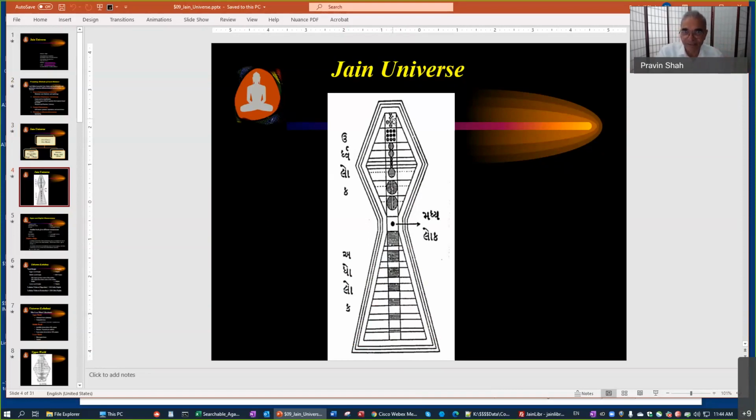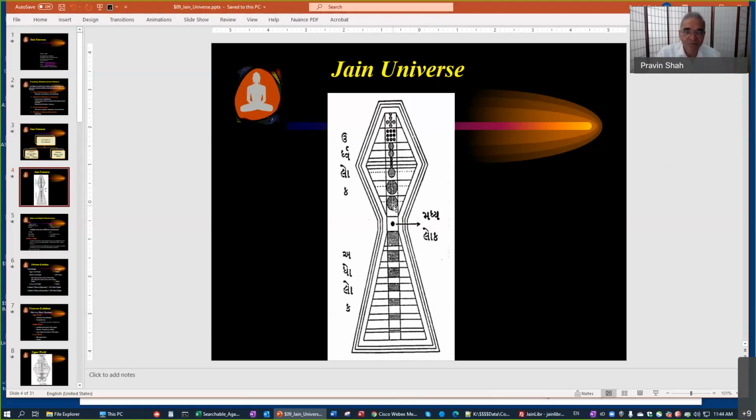Just to give you some idea, Digambar and Swetambar differ on Devlok, 12 or 16, but it is the same space. One group looks at it one way, another looks at it another way, but there is no difference from that point of view.